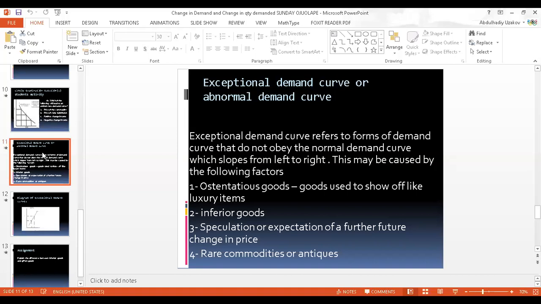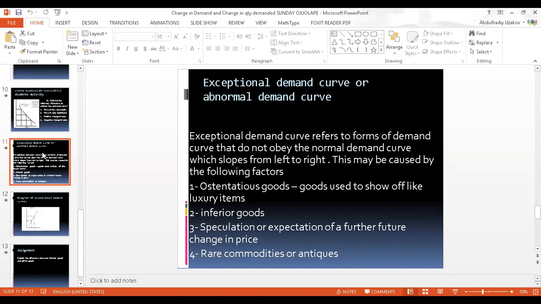It's not sold at a cheap price. They start at a specific price and they continue to go on and on. The price continues to go up. And despite the price going up, you still find people wanting to buy such items.